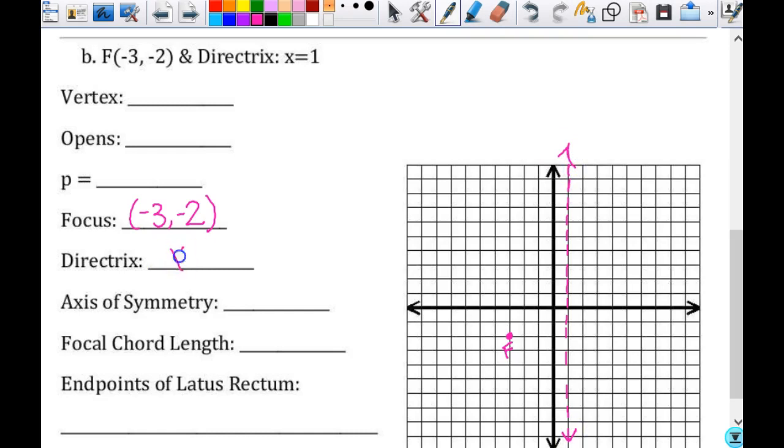Directrix x equals 1. So if I'm given those two things, does this open left, right, up, or down? Left. Okay, so it opens left. So is it x squared or y squared? Y. So then it's going to be y minus k squared equals 4p times x minus h.